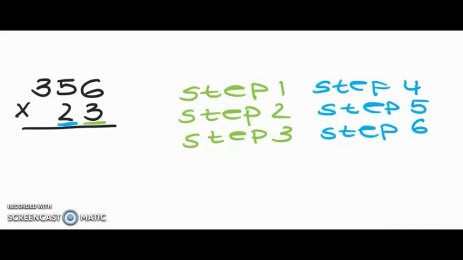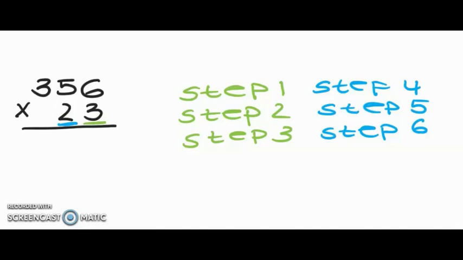As you can see, there are double the number of steps to do in this question. As we did in the previous example, step 1, we have to multiply the 6 with the 3, the 5 with 3, and multiply 3 with 3. The next step, from step 4 to 6, we have to multiply the 6 with the 2, the 5 with the 2, and the 3 with the 2.